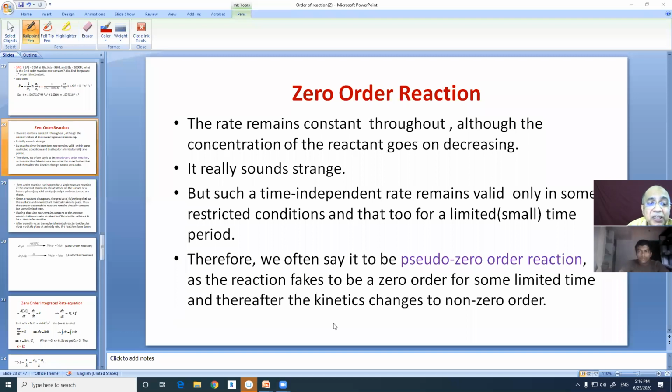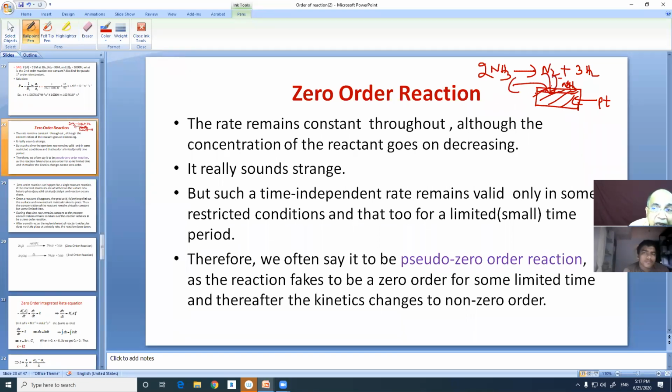Now see, supposing this is the solid catalyst, platinum. It is a platinum where a gas is adsorbed on the surface. Ammonia is adsorbed and heated on the surface. So the moment ammonia is heated to produce nitrogen and hydrogen, they are expelled out, they go out.